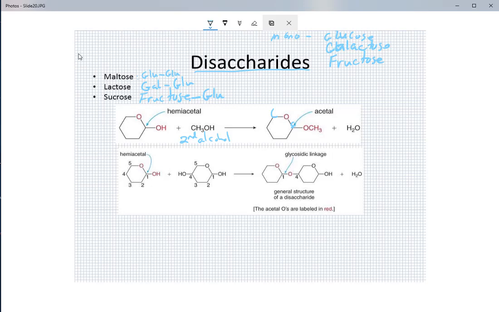That's an acetal. An organic chemist would call this an acetal. The biochemist calls it a glycosidic linkage. It's the same thing. A glycosidic bond is the same thing as an acetal bond. The main difference is that a glycosidic bond is what you use to join two separate monosaccharides.